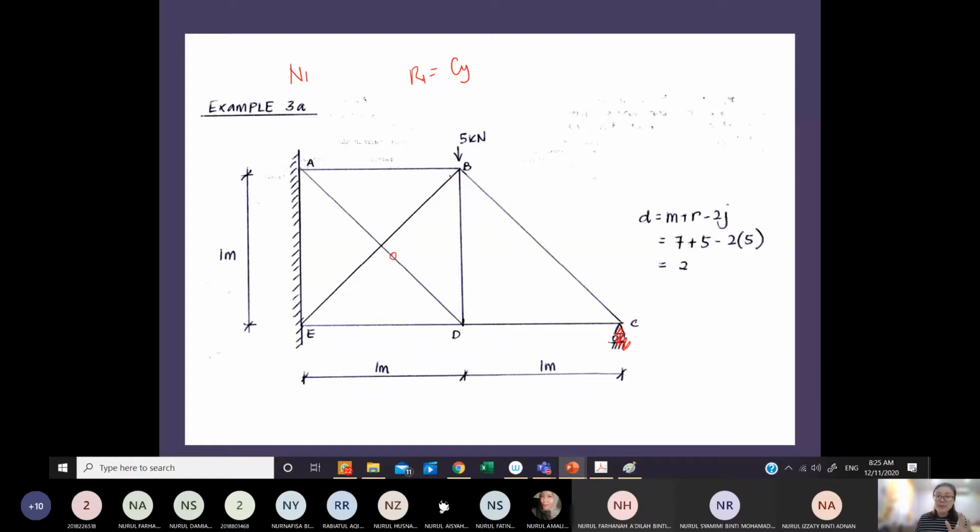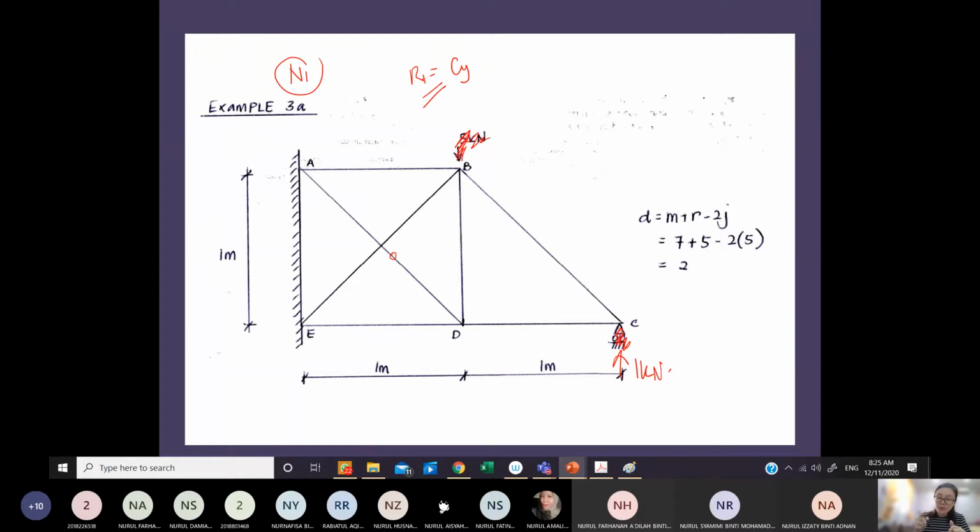And I need to remove all the real loads. Here now, I remove the real loads. Now I'm creating N1. And I need to apply back the 1 unit force for my redundant 1, which is CY. So CY, I will apply 1 unit force. So this is how you create your N1.